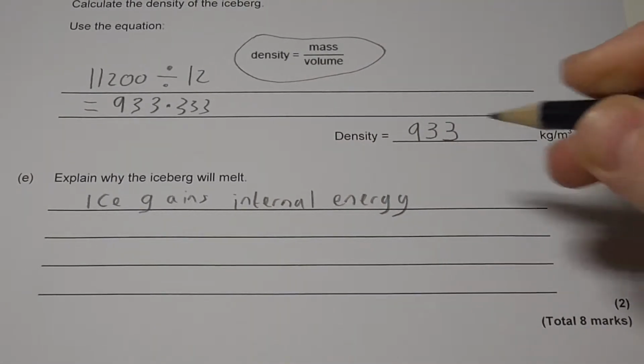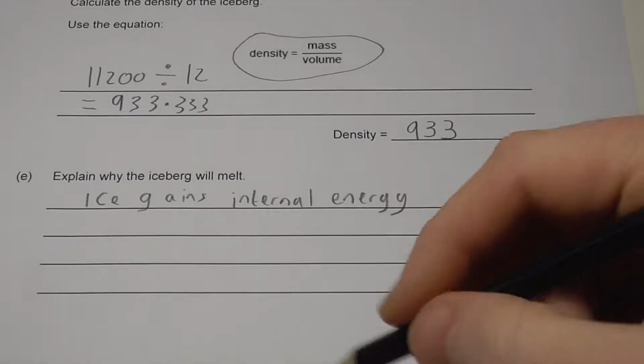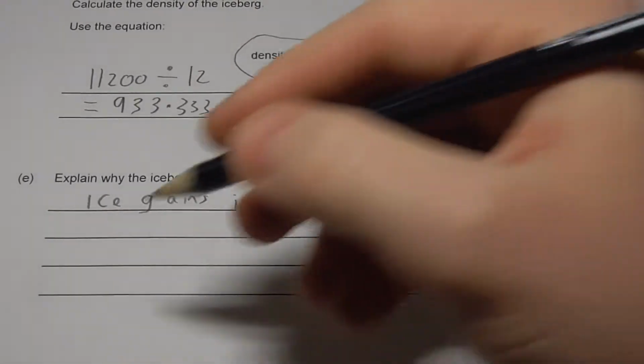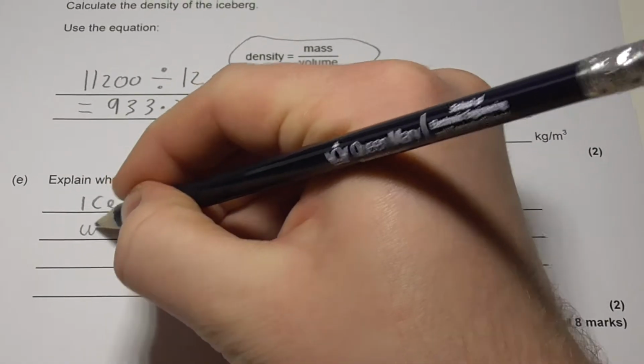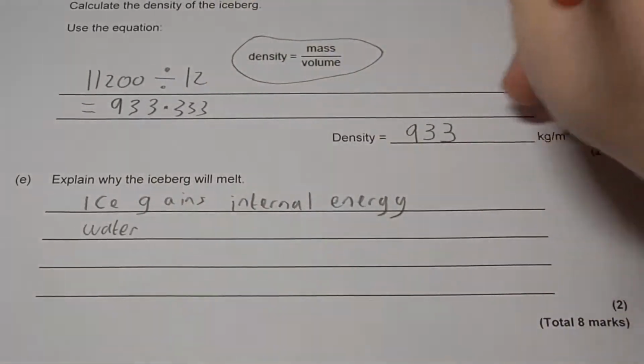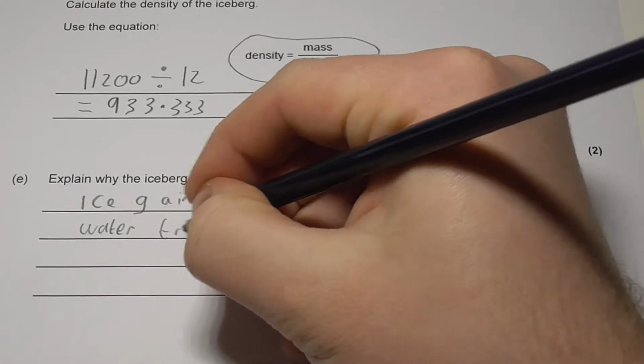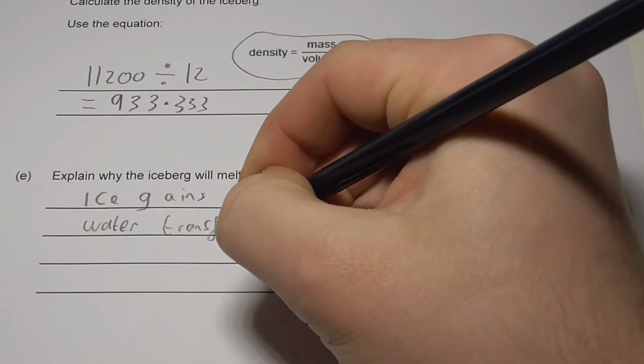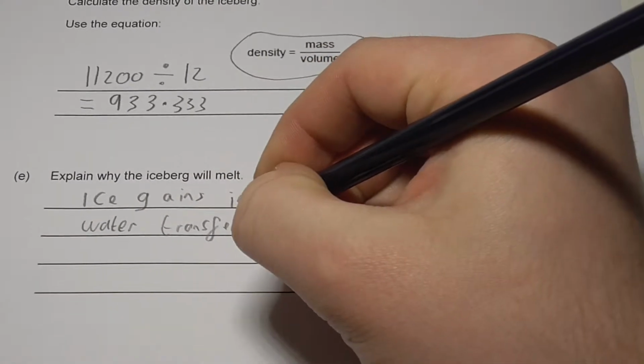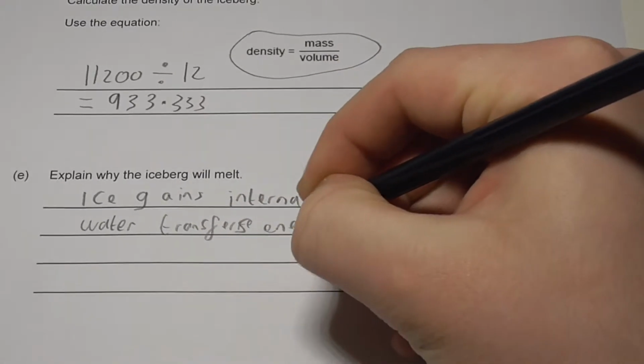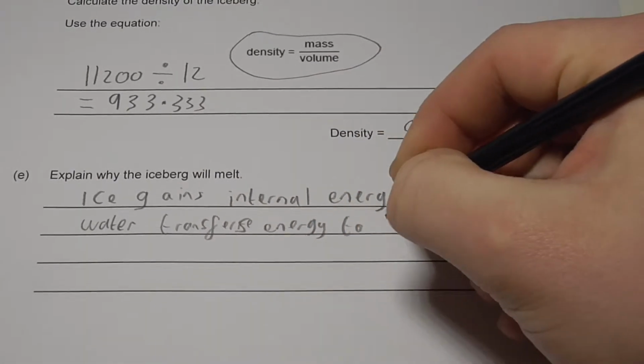Okay, so it's 2 marks, that's what it's getting, and explain where it's getting it from. So the water, in this case it's the sea, transfers energy to the ice.